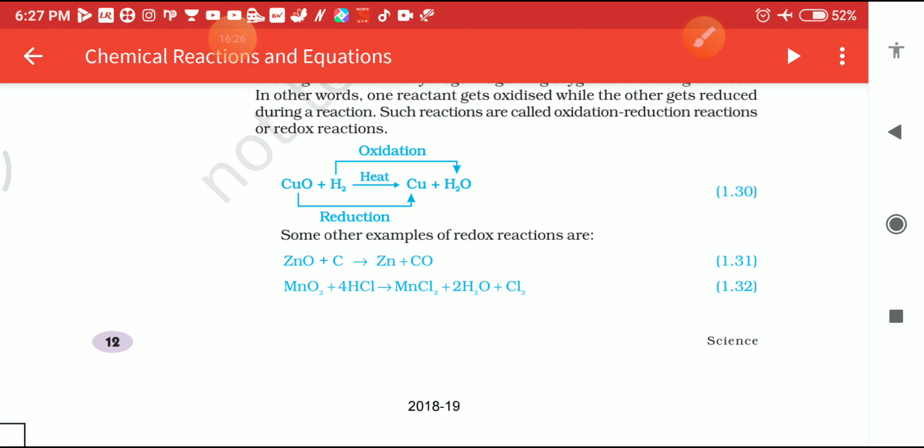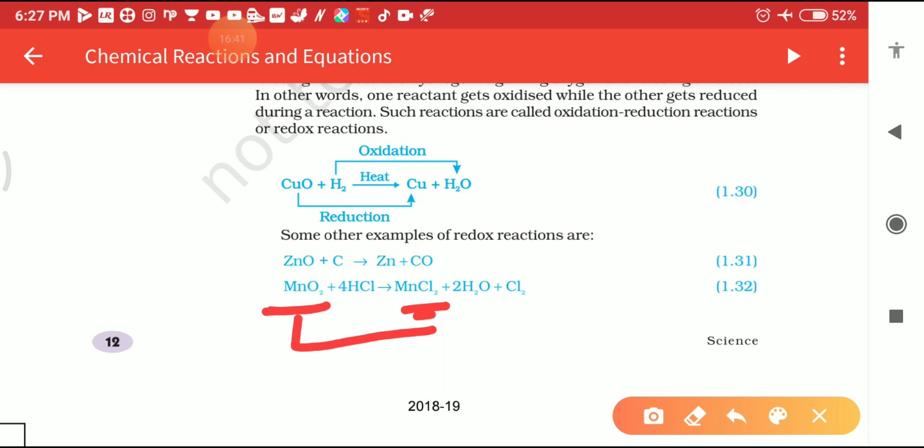Now see here, manganese oxide. Manganese oxide can remove the oxygen here. If it removes the oxygen, what does it mean, students?